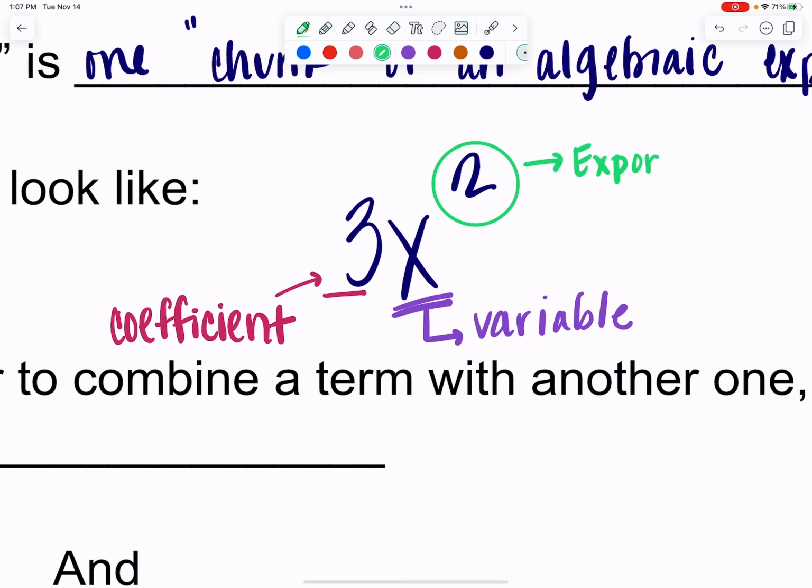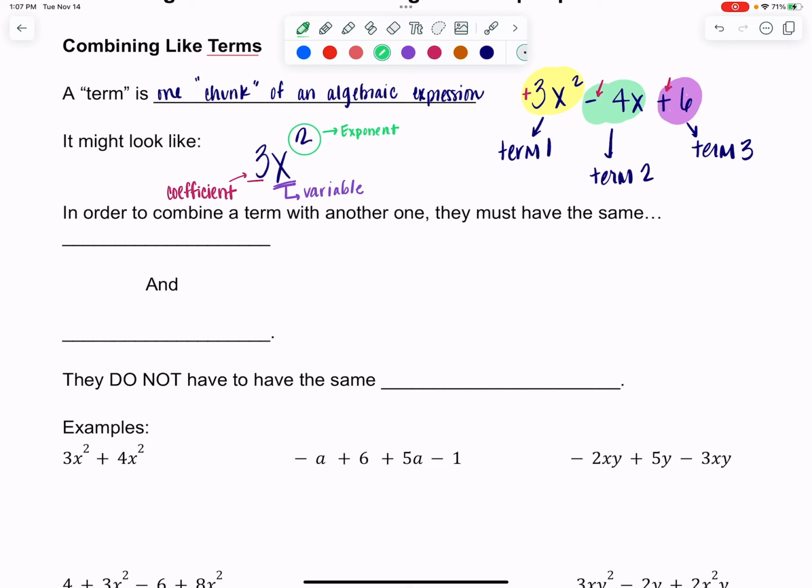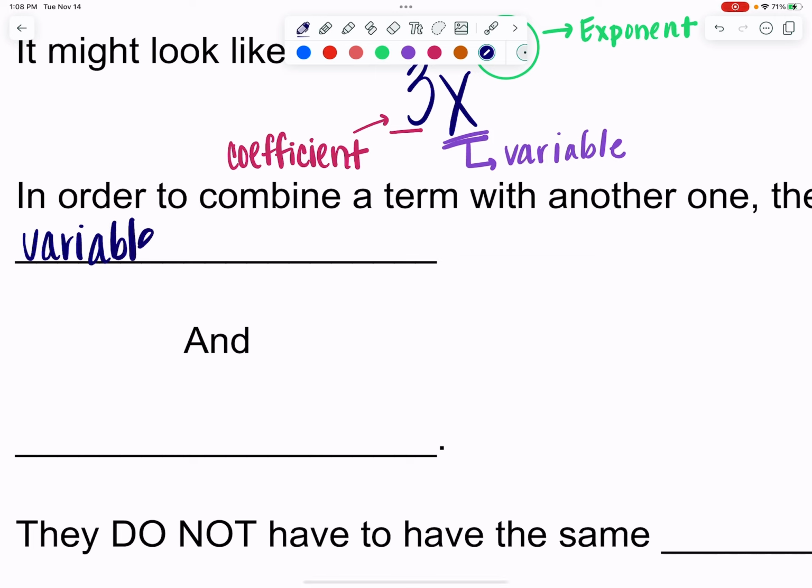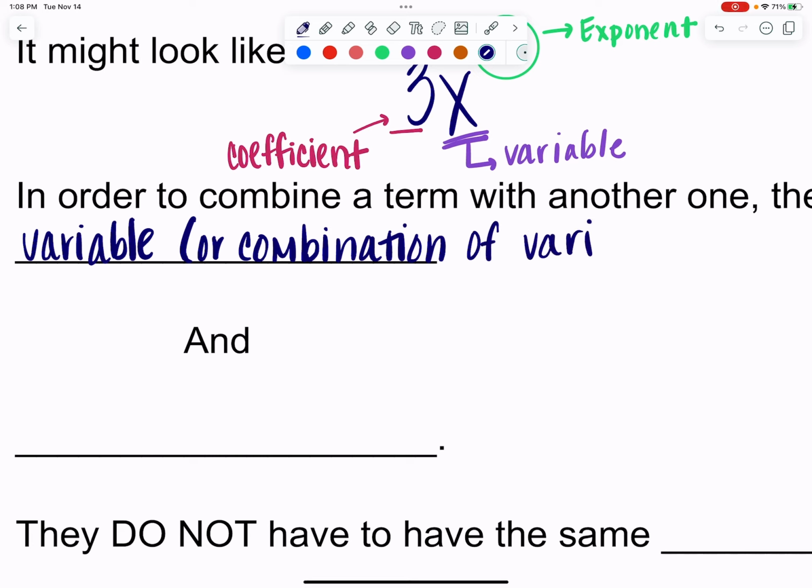So in order to combine a term with another one, so in order to put them together, they absolutely have to have the same variable or combination of variables and the same exponents on those variables.